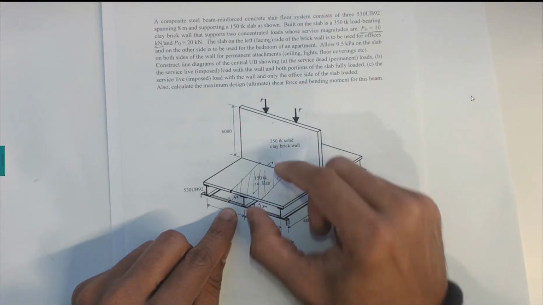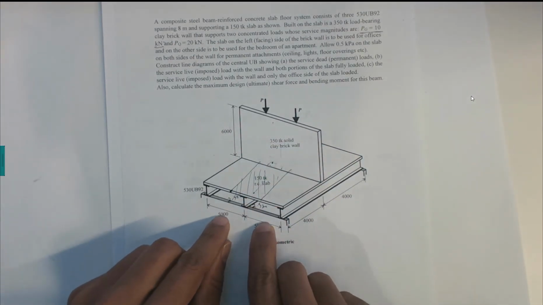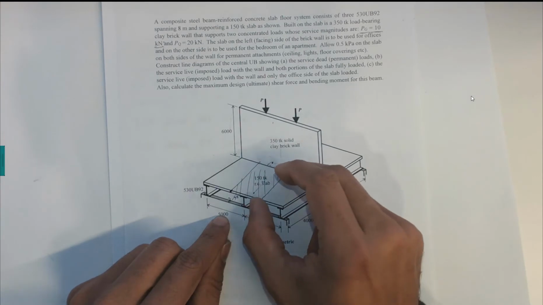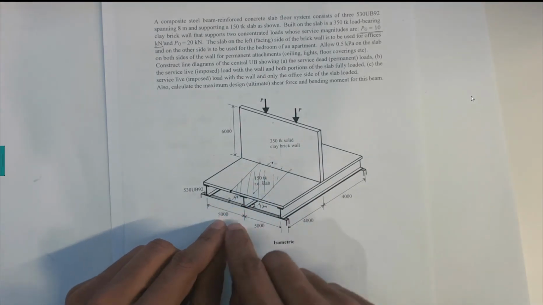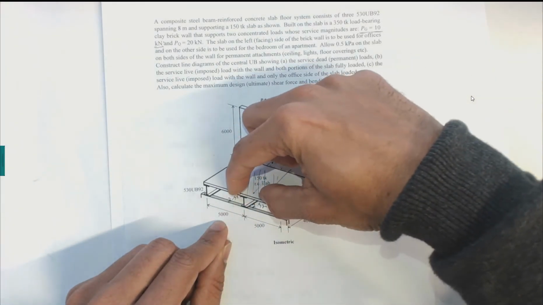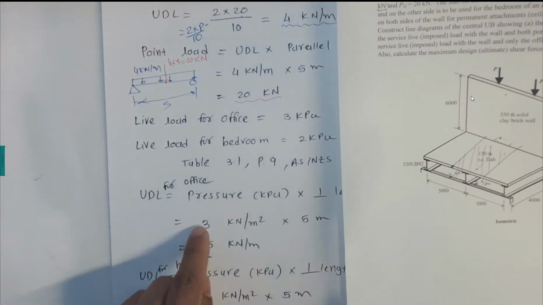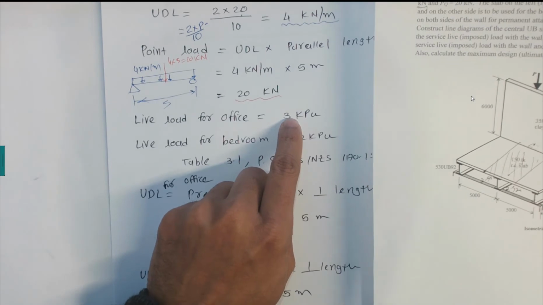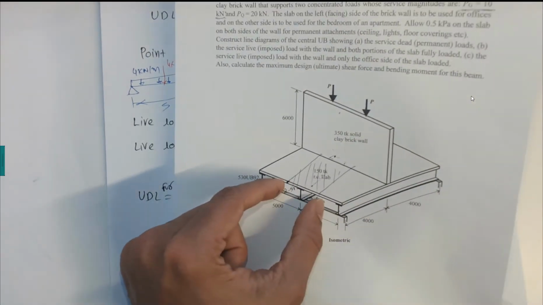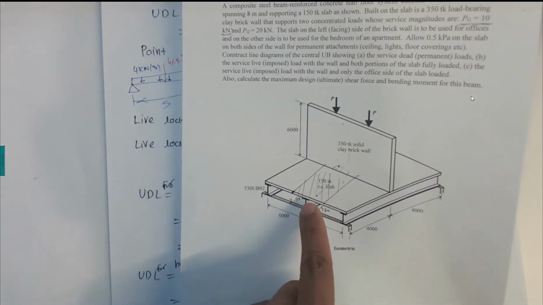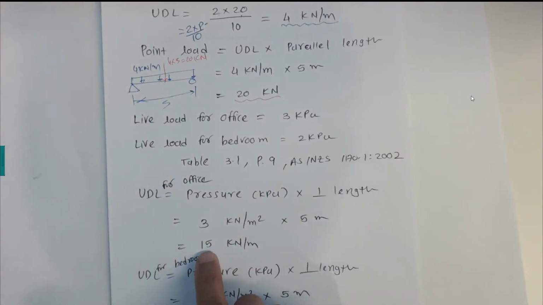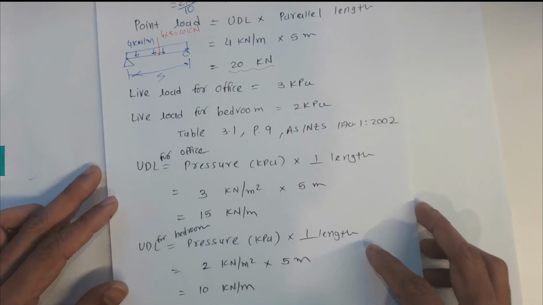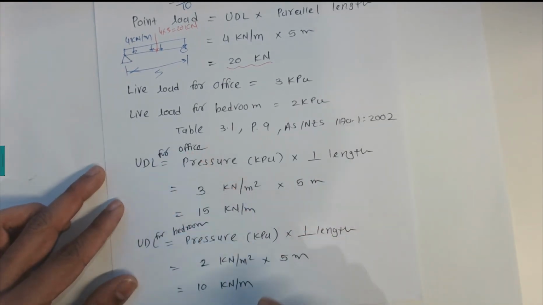So we multiply by this perpendicular length, which is 5 meters. This 3 kilopascals is coming from here, times the perpendicular length, because the UDL load is going to be applied along the length of the beam. So that is 15 kilonewtons per meter. That is the UDL load for office purposes.